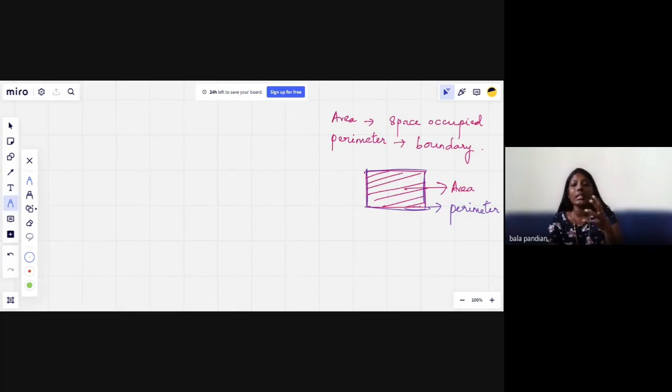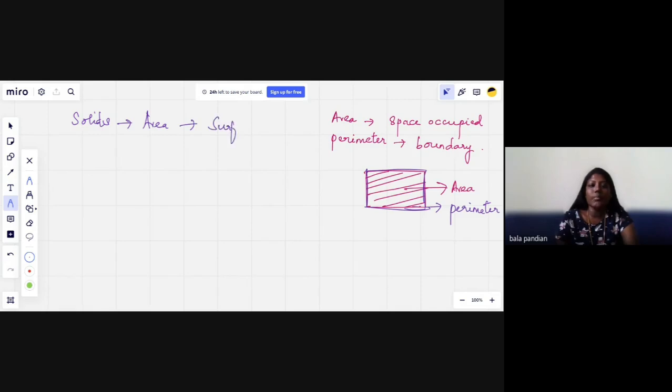All these 3D shapes are called solids. So when we are talking about the area of solids, then comes into picture what is called surface area.